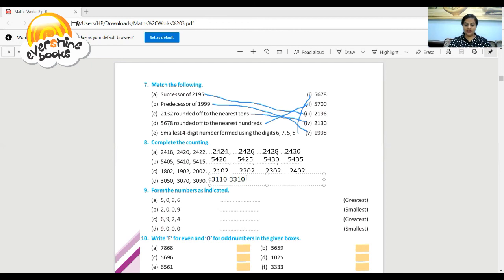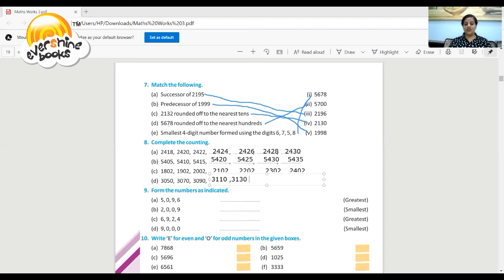Okay, it is 3110, and after that put a comma and we are going to add 20 in that. So it means 3110 plus 20 is 3130.